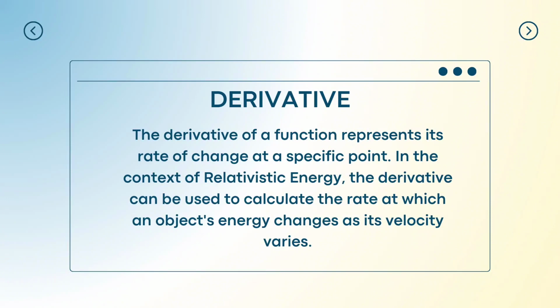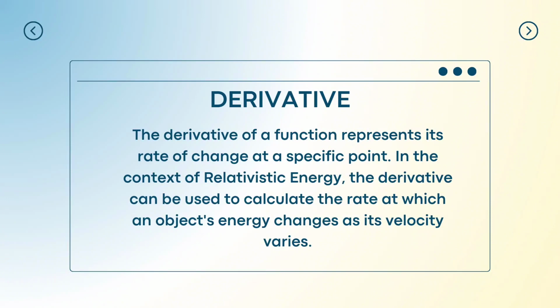Another example: let's consider a particle with a relativistic energy function E equals m0 c squared over the square root of 1 minus v squared over c squared, where m0 represents the rest mass of the particle, c is the speed of light, and v is the velocity of the particle.